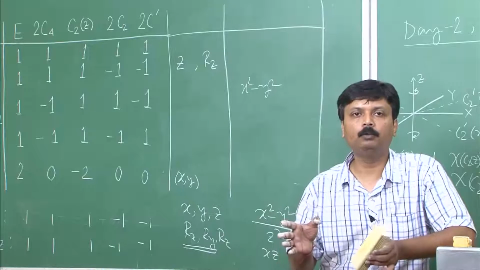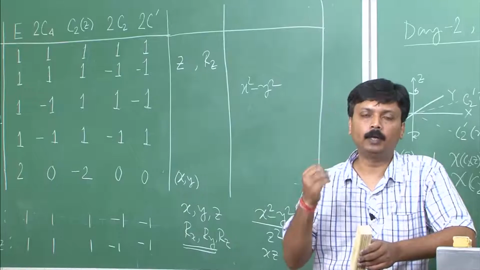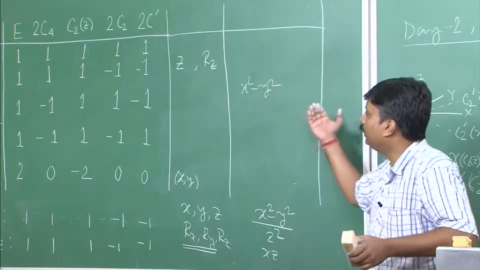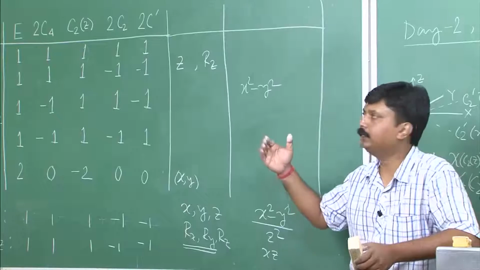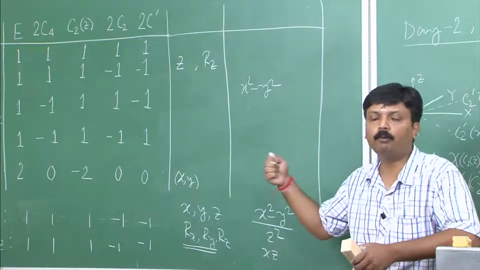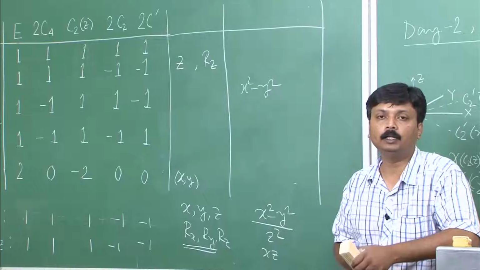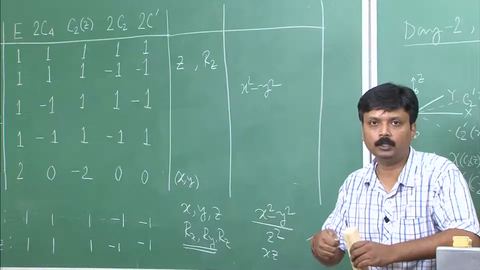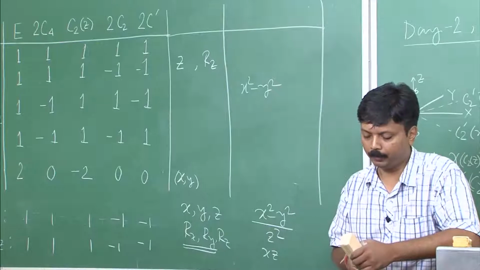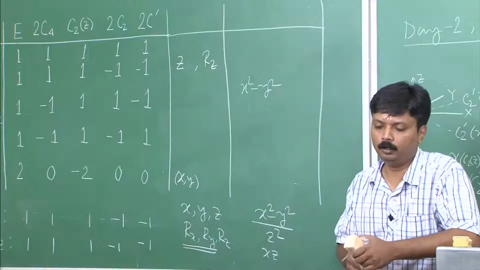Whatever molecule we are considering, we look at the character table of that point group, and then we can find out that this particular ligand transforms as this particular irreducible representation, and that information we will utilize later on, to see with which other ligand or which wave function it will combine, because every orbital is characterized by its own wave function, right? So those things we will start looking at from the next class onwards.